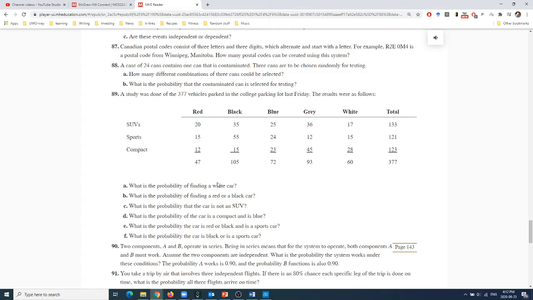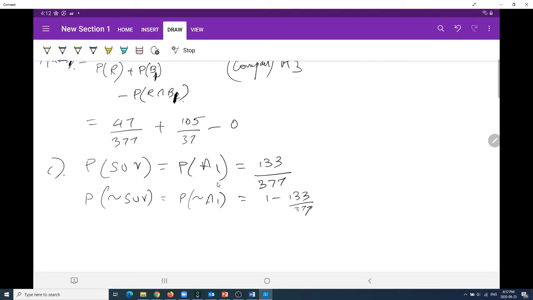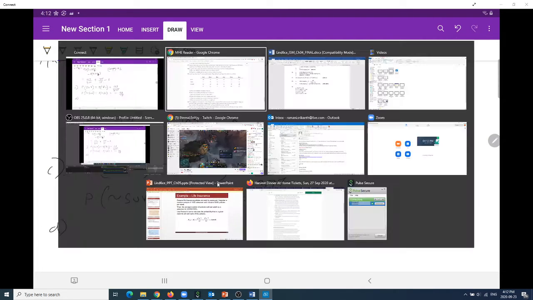The probability that a car is an SUV, probability of A1, is 133 divided by 377. So the probability of not an SUV, the probability of not A1, which is the complement, is 1 minus 133 by 377. That's your solution for C.